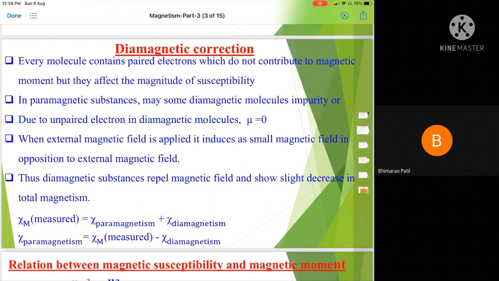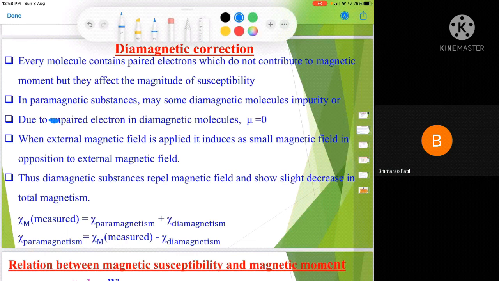Due to the unpaired electrons... Due to the paired electrons in diamagnetic molecules, mu is always equal to 0. When an external magnetic field is applied, it induces a small magnetic field in opposition to the external magnetic field, because a diamagnetic material repels the applied magnetic field.